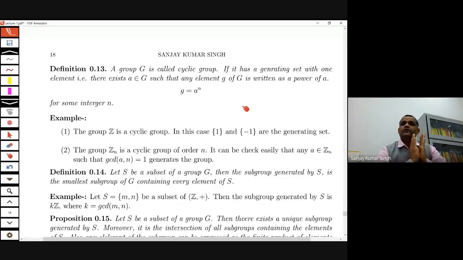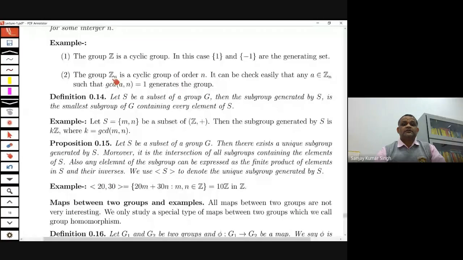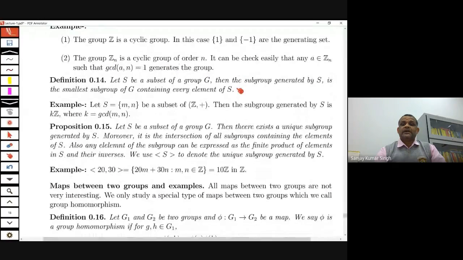If I have a group which has only one generator, then these groups are very nice and we call them cyclic. For example, Z is a cyclic group which is generated by 1 and -1. Zn is a cyclic group which is generated by any a belonging to Zn such that gcd(a, n) = 1.